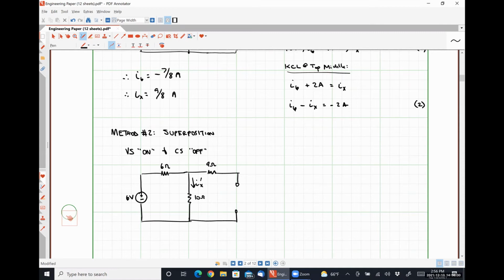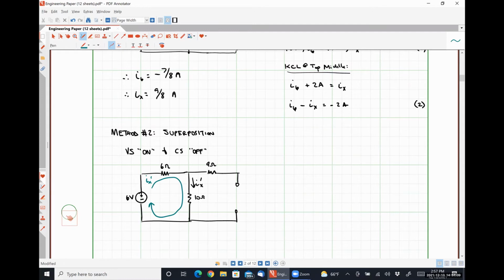So if there's an open circuit on the right-hand side, effectively all of the current is just going to flow around this path. It's going to flow through the 6 ohm resistor, then through the 10 ohm resistor, then back up through our voltage source, and just circulate around and around. None of it can branch off and flow through the 9 ohm resistor because the 9 ohm resistor isn't part of a closed current carrying path.